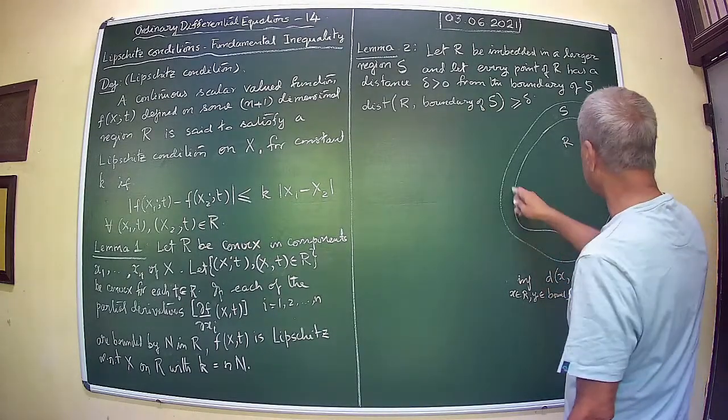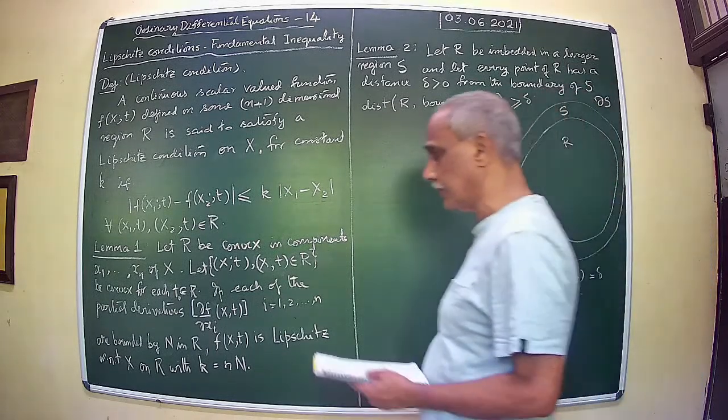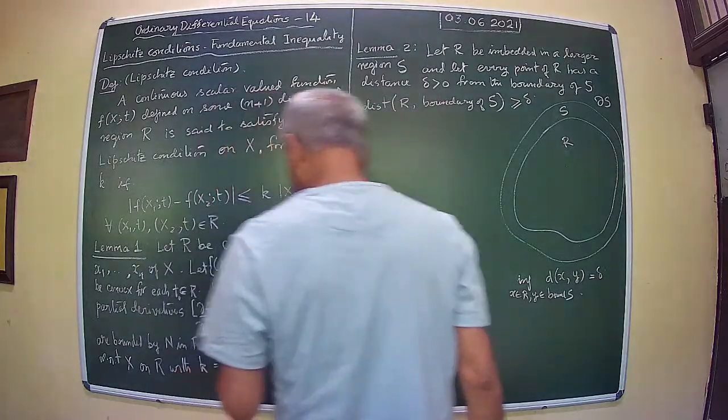Therefore, the distance between any point here and the points on the boundary is greater than delta.